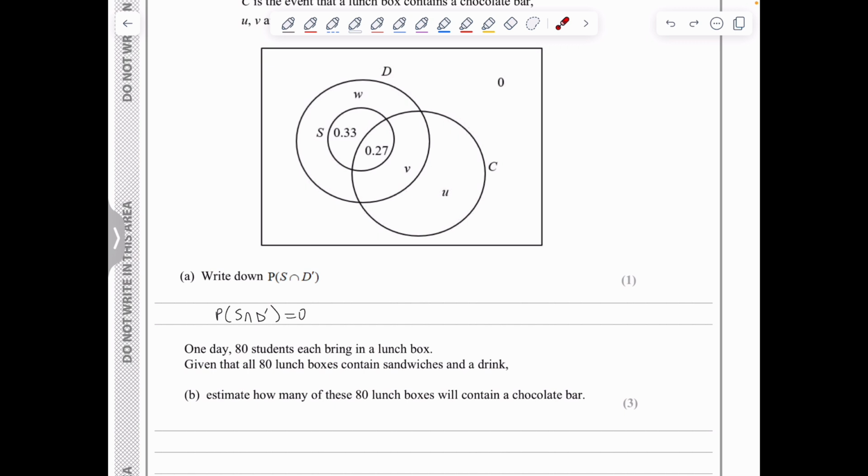We know for sure that we contain sandwiches and a drink, so we know for sure that we are within the shaded part here, and we need to find the number of lunchboxes that will contain a chocolate bar. So I'm wondering what's the probability I'm here. In other words, this is the probability I'm in C, given that I'm in S intersection D. So what's the probability that I contain a chocolate bar, given that we've got a sandwich and a drink?